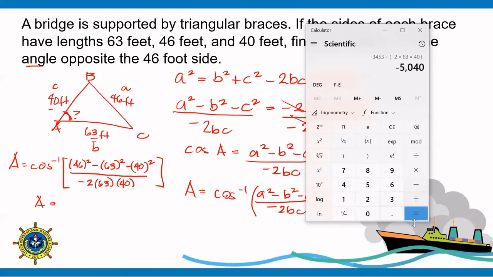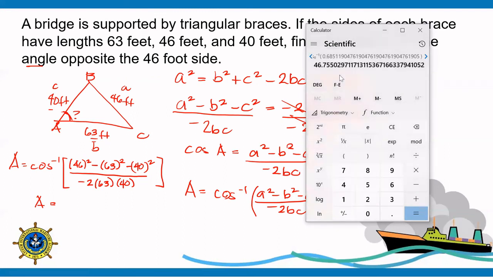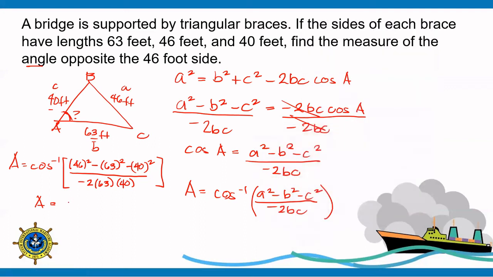Then close parenthesis. Press equals. Then kunin nyo po yung second function nyo and then inverse cosine. There you go. So i-round off natin to the nearest whole number. So this one is 47 degrees. Ito po yung value ng ating A. And 47 degrees, therefore, is the measure of the angle opposite to the 46-foot side natin.